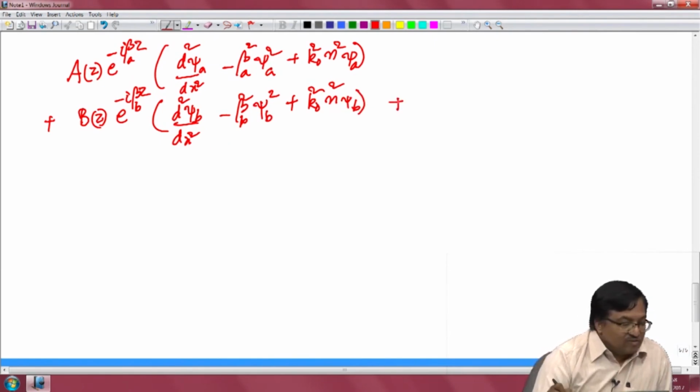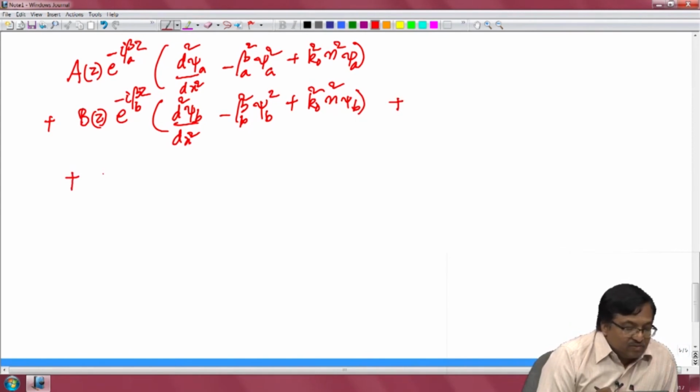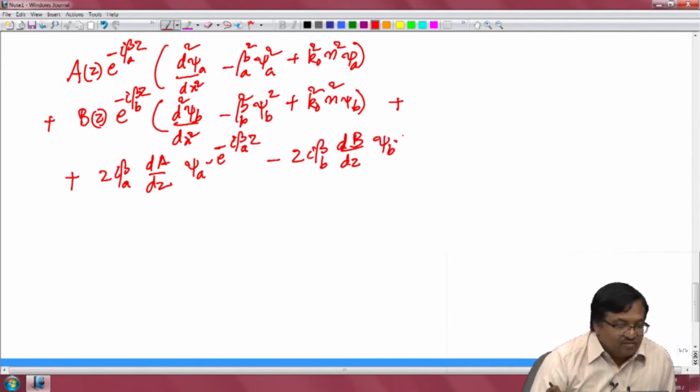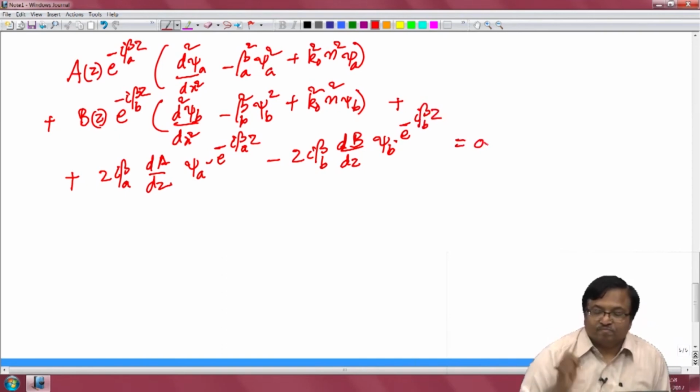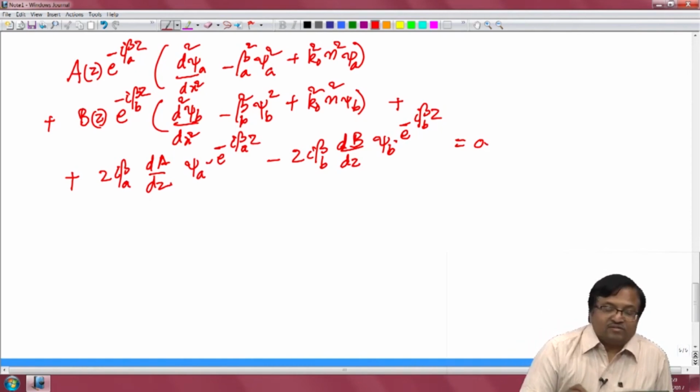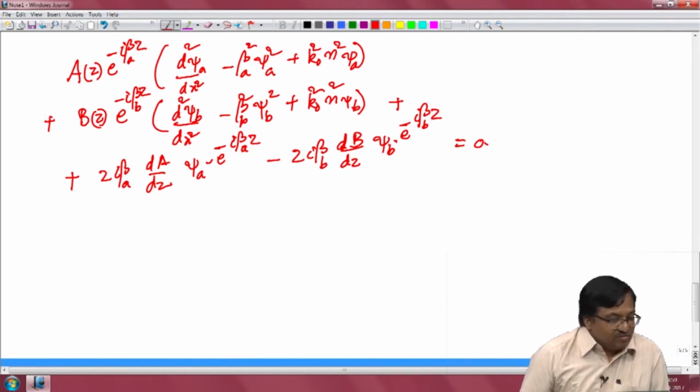Plus, I will put separately once again, 2 i beta a dA by dz multiplied by psi a multiplied by e power minus i beta a z, minus 2 i beta b dB by dz multiplied by psi b e power minus i beta b z, equal to 0. I have grouped the terms such that you can observe, interpret and take action on each of these terms.